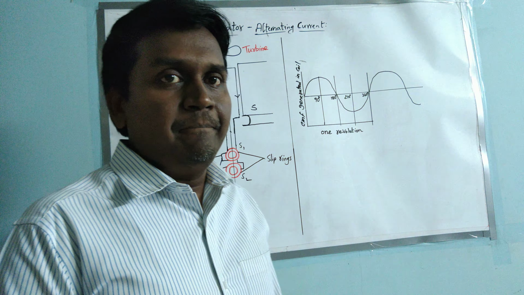If you place a turbine here, see in hydropower plants, what happens? Water will fall from certain height on the turbines and the turbines will rotate. And in windmills also, the wind energy which pushes the fans makes the fans rotate and electric current will be produced.